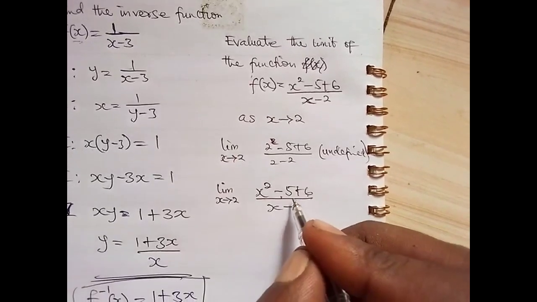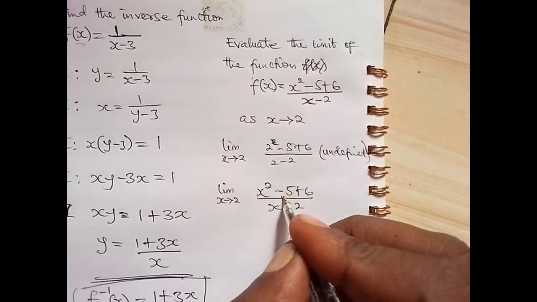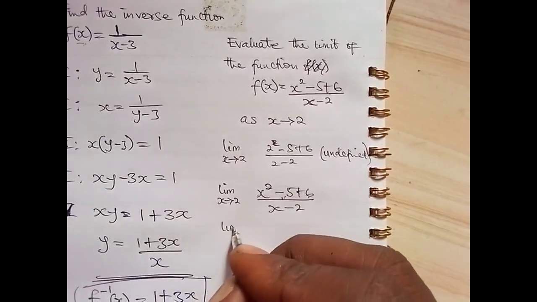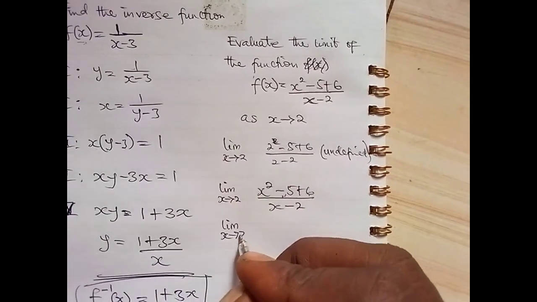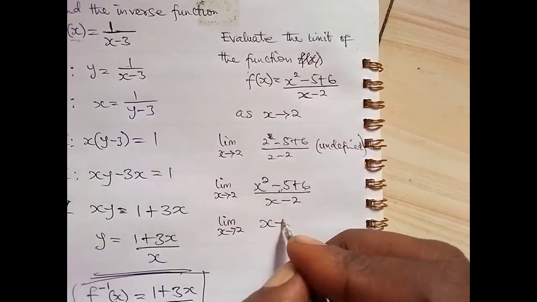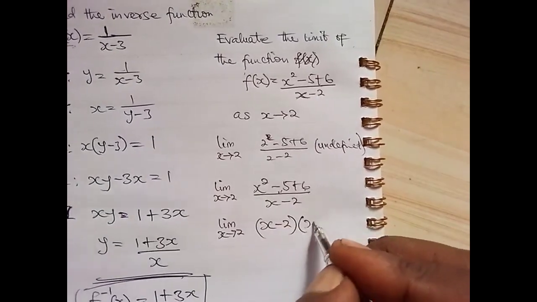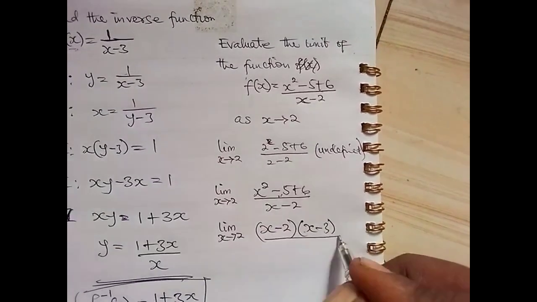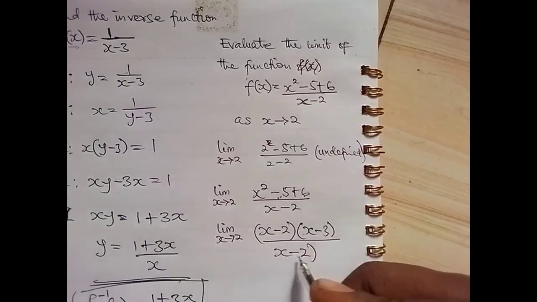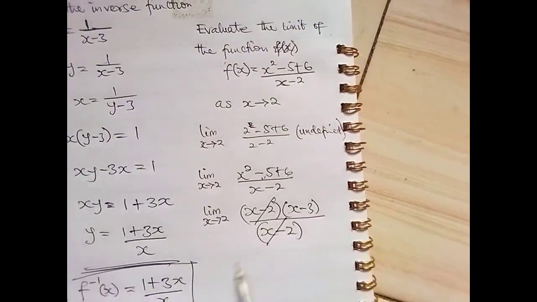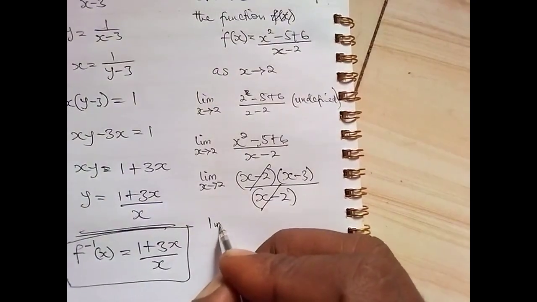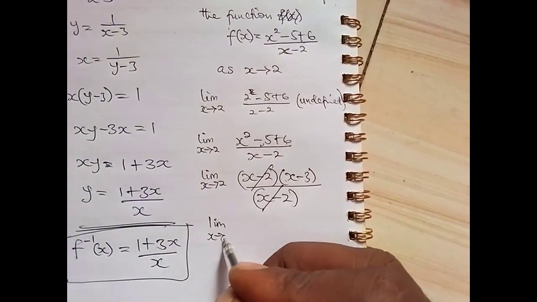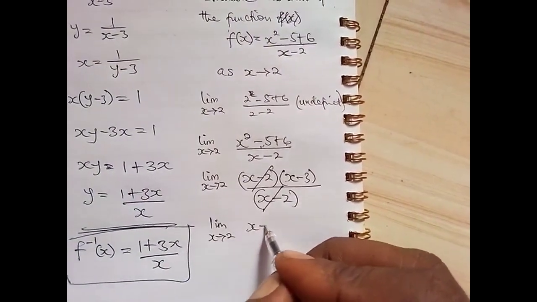They are minus 2 and minus 3. So what I'll have is limit as x tends to 2, (x minus 2)(x minus 3) over x minus 2. You can see this one looks like this one. So we'll have limit as x tends to 2, x minus 3.